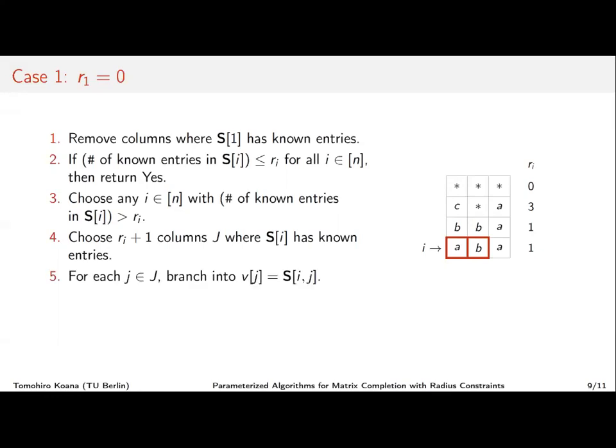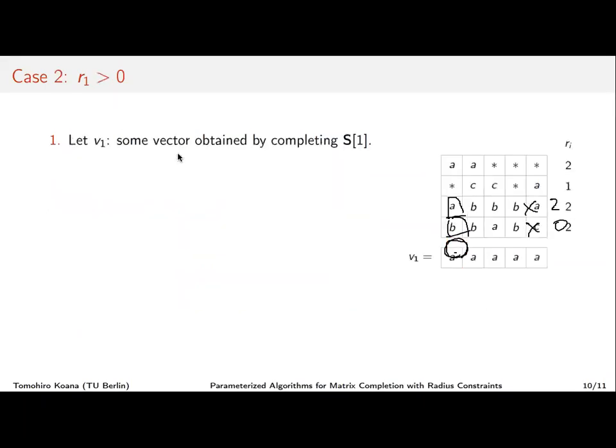By branch, what we mean is that, for instance, if we decided to fix A as the first character of the row vector, then we decrease Ri for each row that is different, so we decrease it by 1, and for this one also different, so we decrease it by 1, and move on.